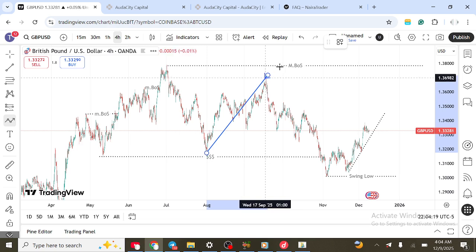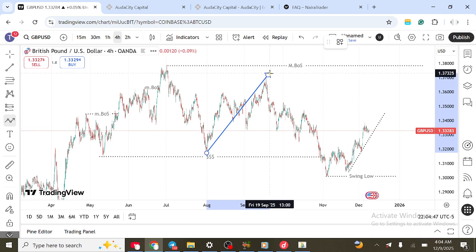So this is a setup, right? Because anyone that comes to the market when price was here, we think or we expect that this level will be broken. Why? Because price is very close to it, and that's the behavior of the market. The market breaks key levels, especially in a trending market.